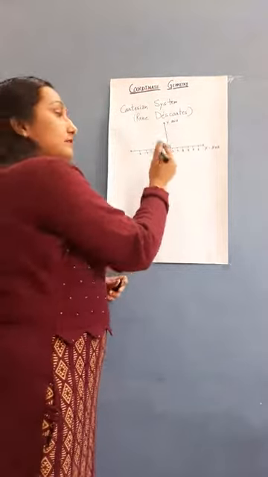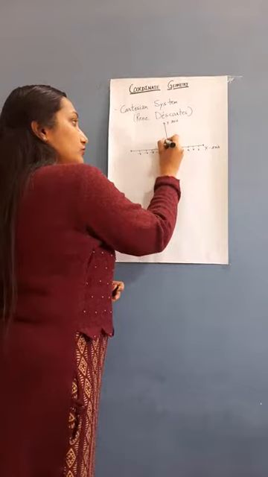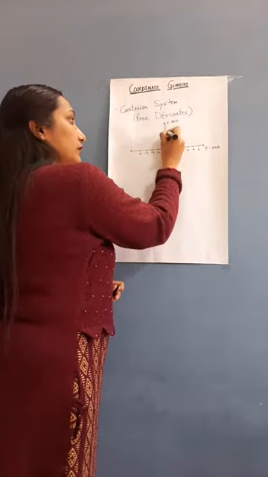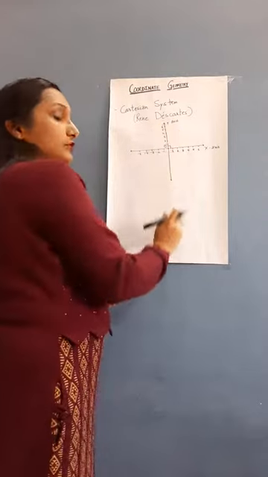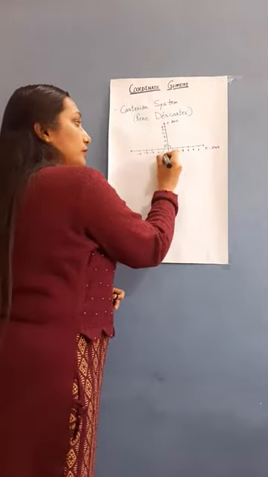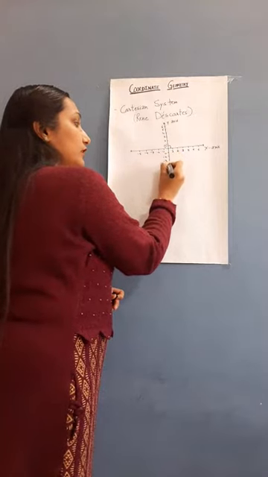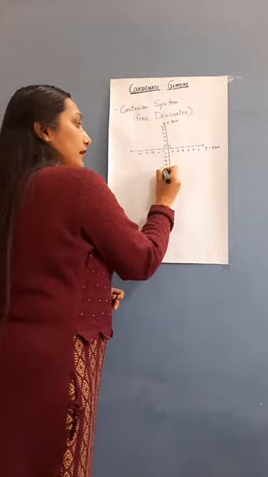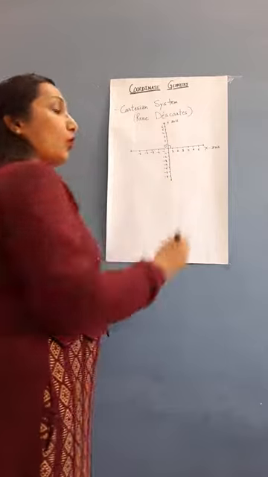In the y-axis, upwards will be positive: 1, 2, 3, 4, 5, 6. Similarly, downwards it will be negative: -1, -2, -3, -4, -5, -6, -7 and so on.